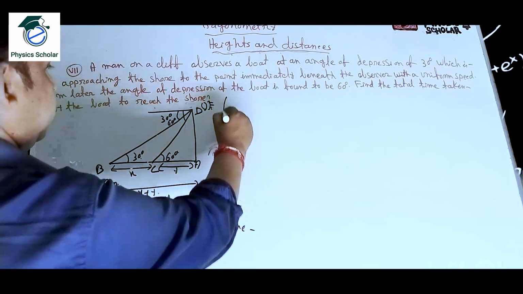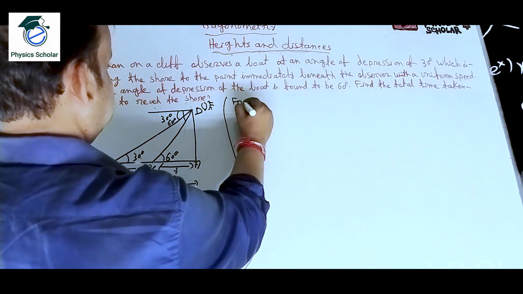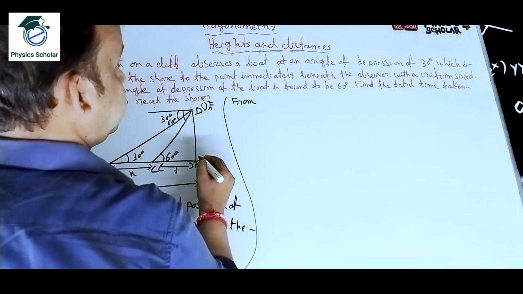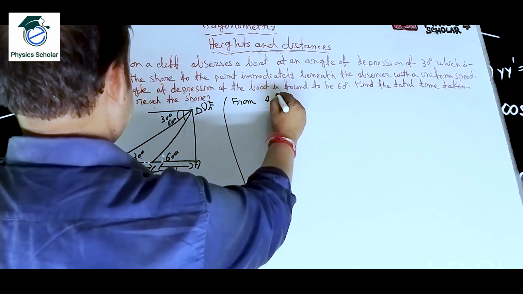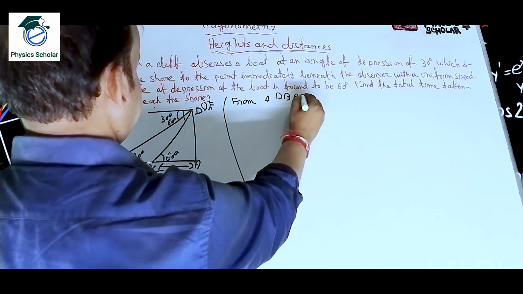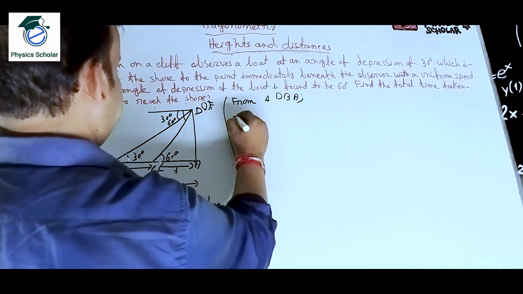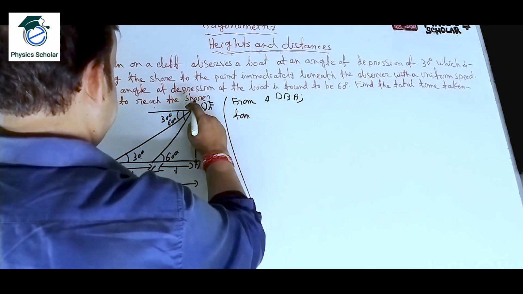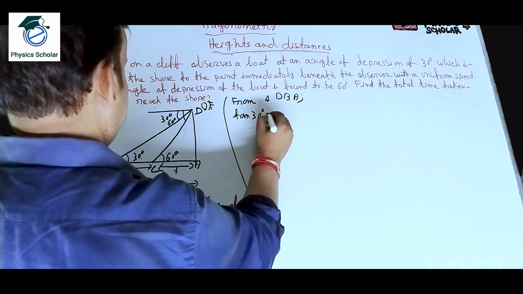Clear. So now from triangle DBA, what we know is tan DBA.